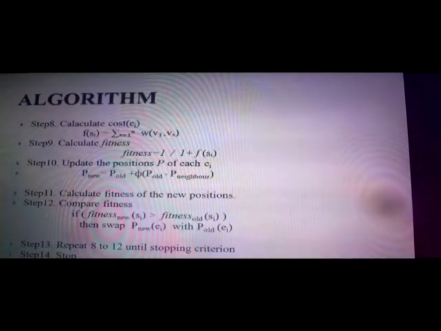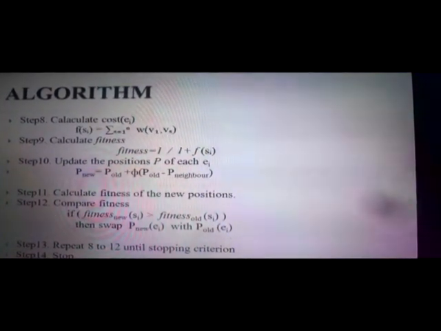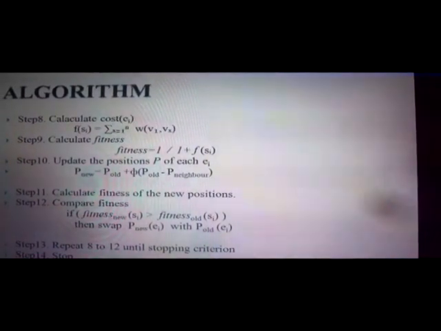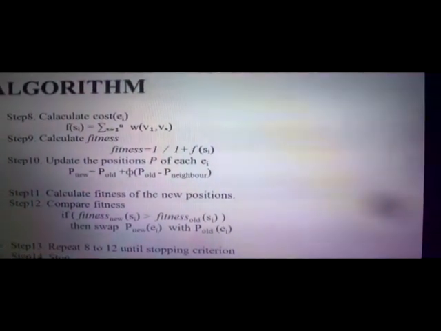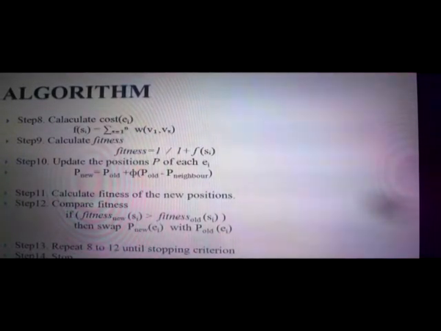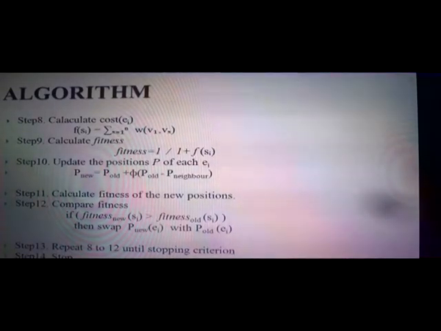The value phi is a random value between 0 and 1. The positions of spanning trees are updated iteratively. Each spanning tree is selected and its position is updated, and then we compare the fitness. If the value of new fitness is greater than the old fitness, we swap the old position with the new position and repeat the steps until the stopping criteria is met. And finally, in step 4, we will stop.